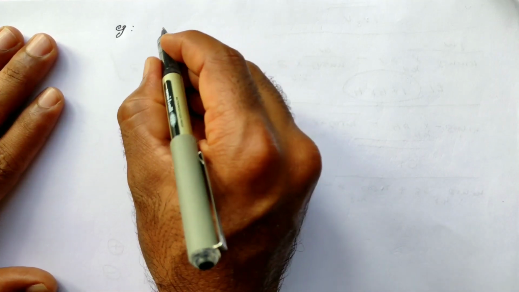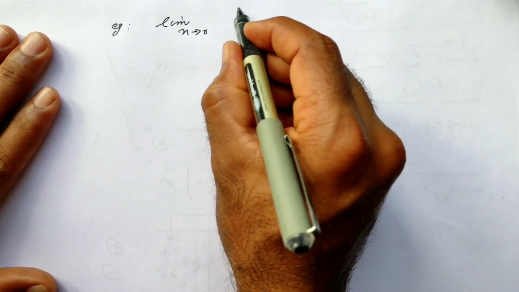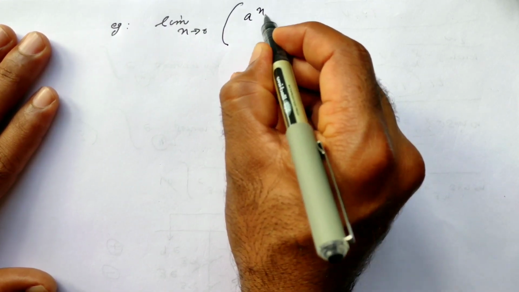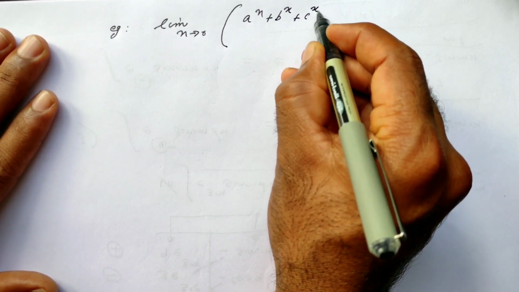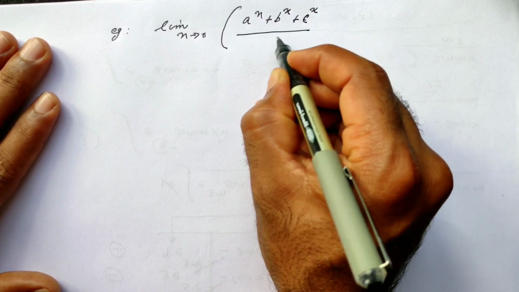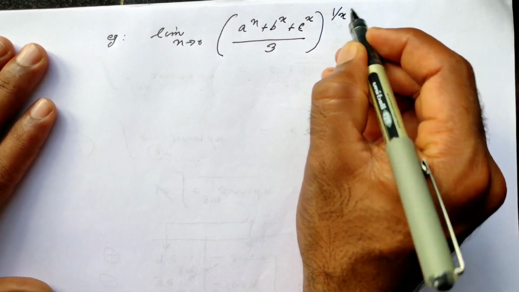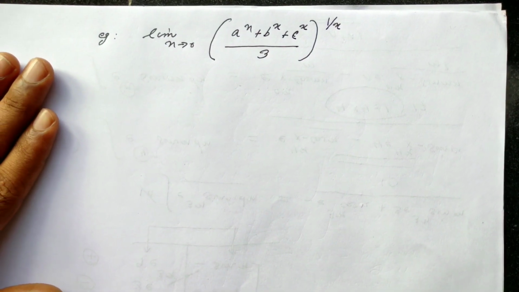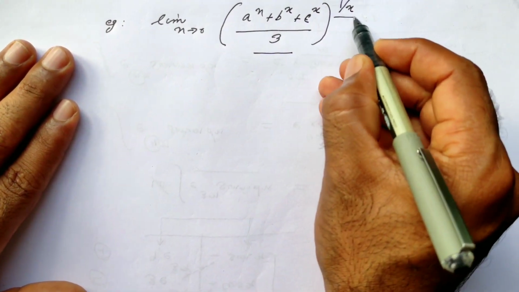Take another example. Limit x tends to 0 of (a raised to x plus b raised to x plus c raised to x) divided by 3, the whole raised to 1 by x. It is in the form of a function raised to another function.